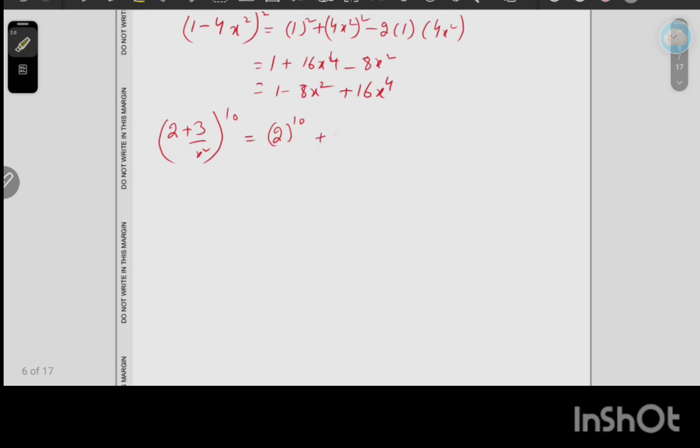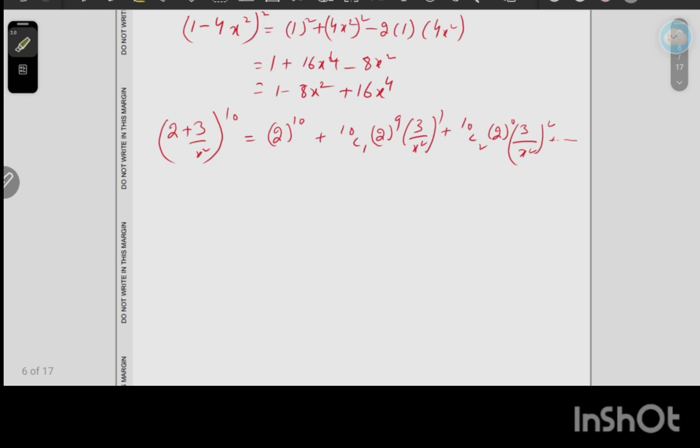Now the second one is 10C1 and 2 power 9, because the power decreases, and here 3 over x² power 1. Similarly, the pattern is 10C2 and 2 power 8 and (3/x²) power 2. This goes on so on.